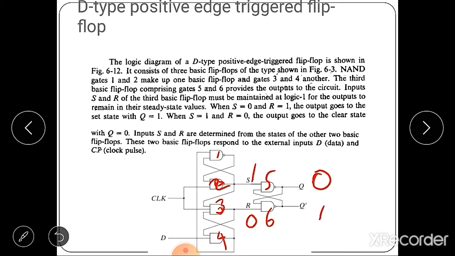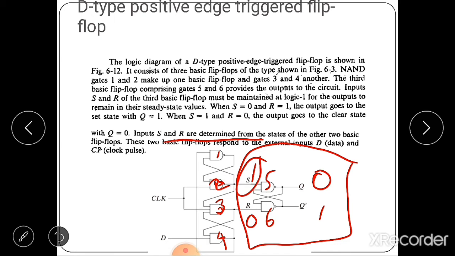So this is the SR input stage. When S is equal to 1 and R is equal to 0, the state changes from one state to another. The inputs S and R are determined from the states of the other two basic flip-flops.